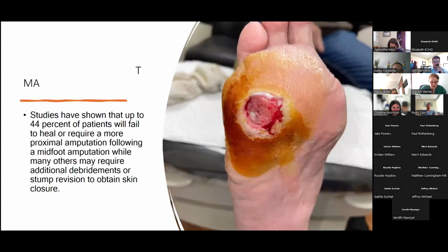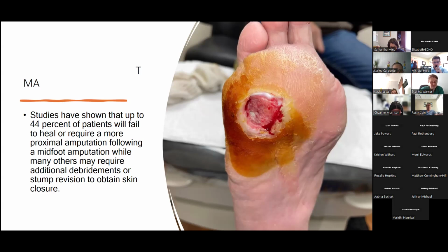All right. So this gentleman here was already missing his fifth digit as well as a partial first ray amputation, and developed an ulceration sub-fourth metatarsal head there. We did get an x-ray which showed osteo and confirmed that with an MRI.